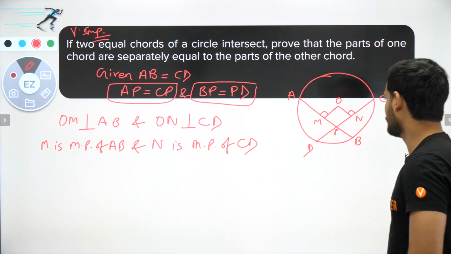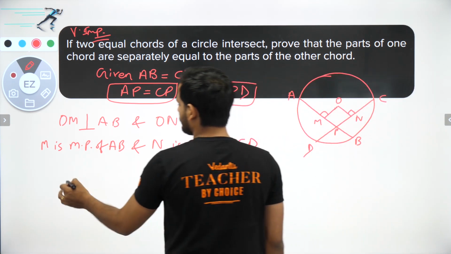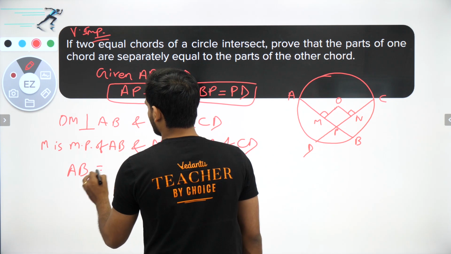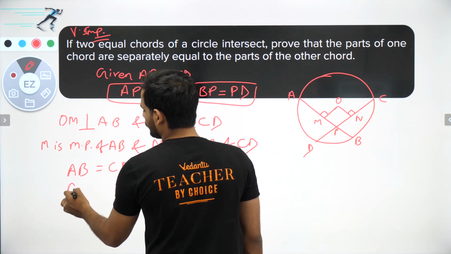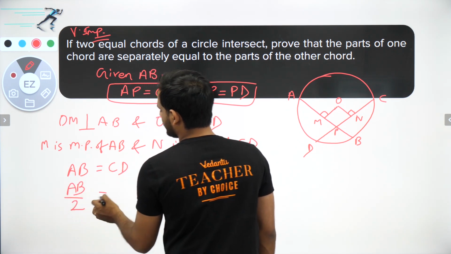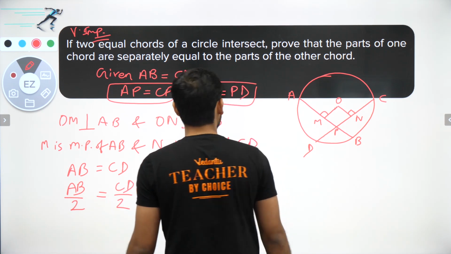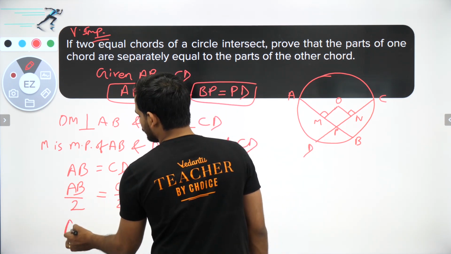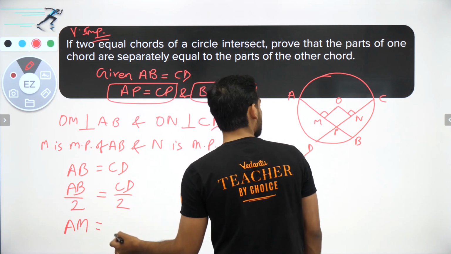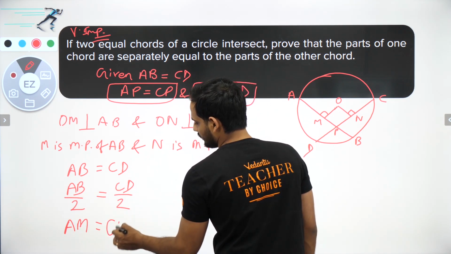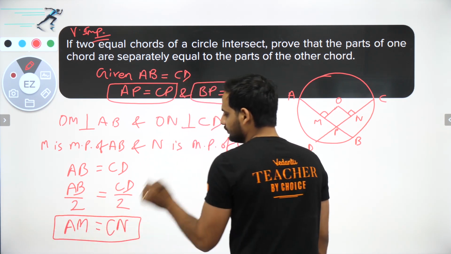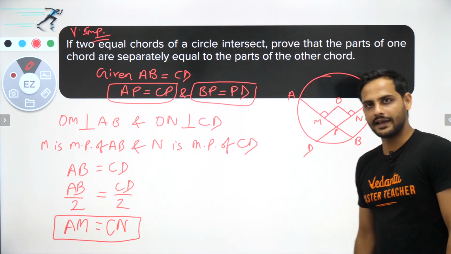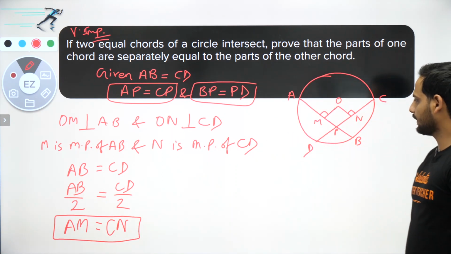Once this part is done, they have given AB is equal to CD. Let us divide this by 2 on both the sides. So AB by 2 is equal to CD by 2. If M is midpoint, AB by 2 will be equal to AM and CD by 2 will be equal to CN. AM is equal to CN, I have got. Correct?